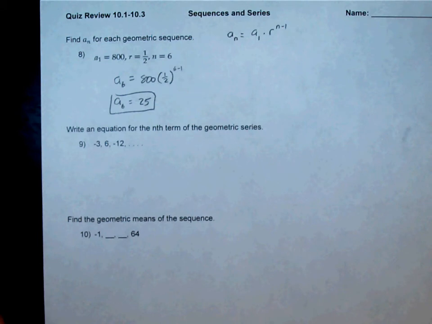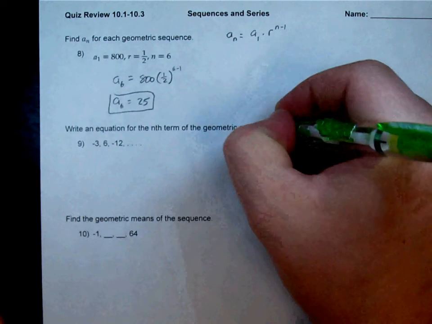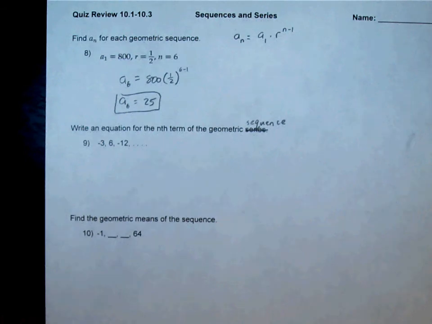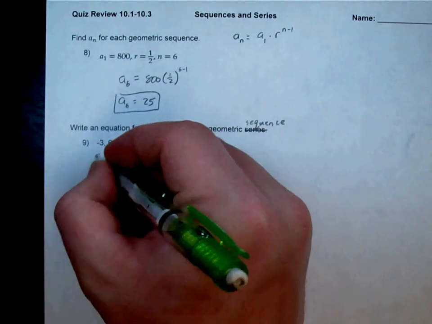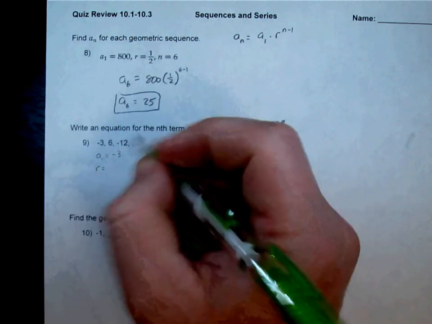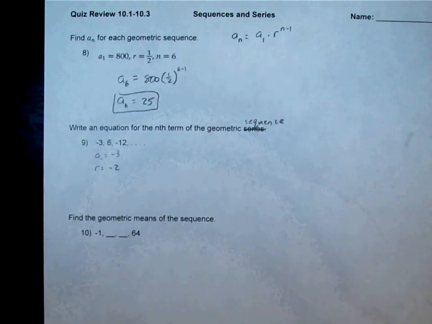Number 9, write a rule for the nth term. It says of the geometric series, that should say sequence there. We're not adding the terms together, so it's a sequence. Sorry about that. So we see our first term. Let's think about what we know. Our first term is -3. What are we multiplying from one term to the next? It looks like I'm doubling it and changing the sign, so I'm multiplying by -2.